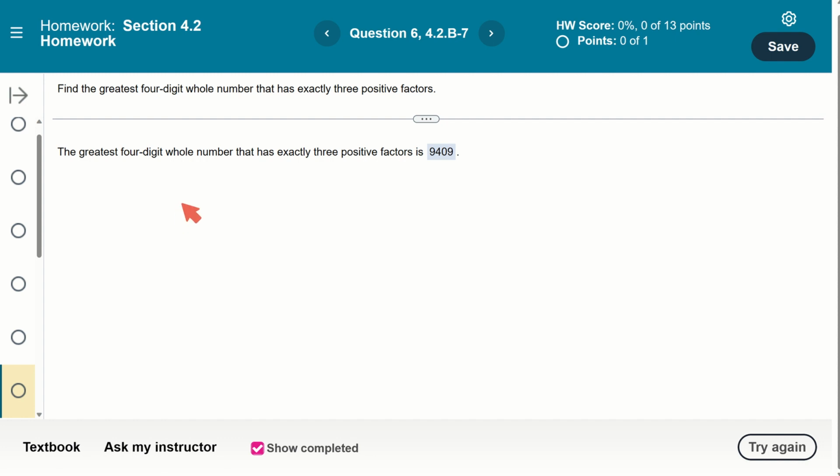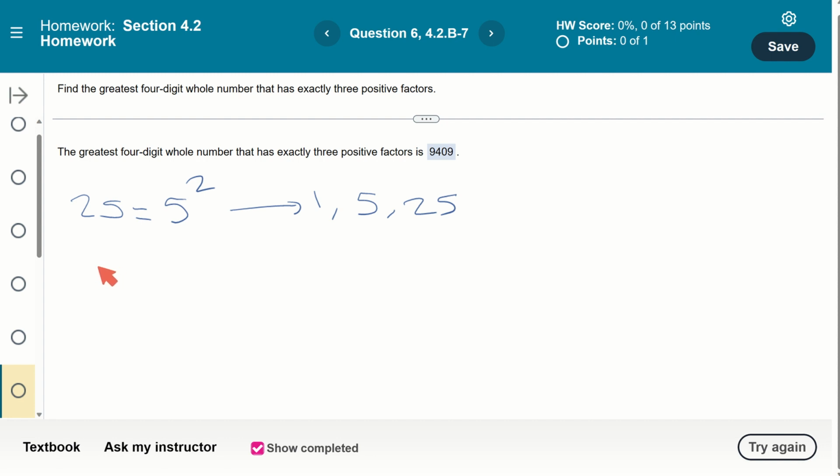Think of 25 squared, right? That's the square of a prime, right? So 25 we know is 5 squared, and what are the positive factors, not just prime? 1, 5, and 25 itself, right? Think of any other square of a prime that you can think of.